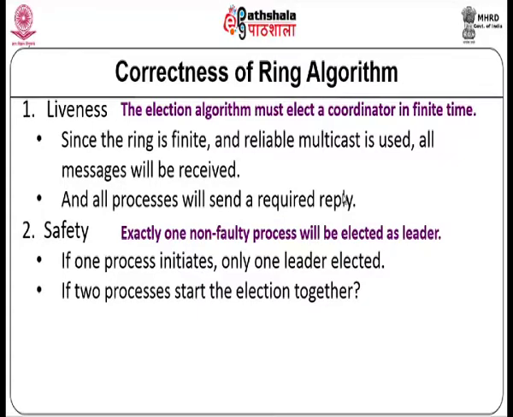So, if all of them are trying to contact the leader and the leader has crashed, then all of them together, or maybe 2 or 3 of them together, will decide that there is no leader at this point in time. So, it is quite possible that election can be started by more than one process. In the next lecture, we will look at this problem and try to resolve it.